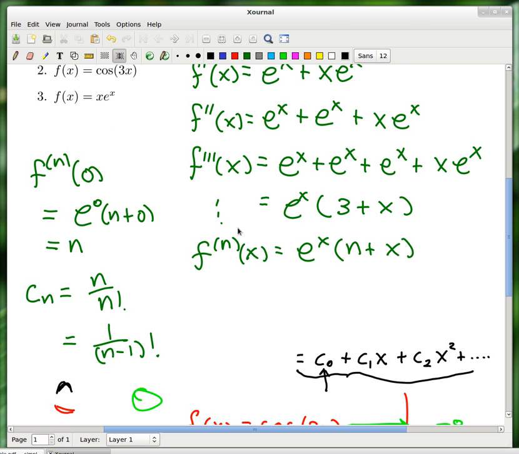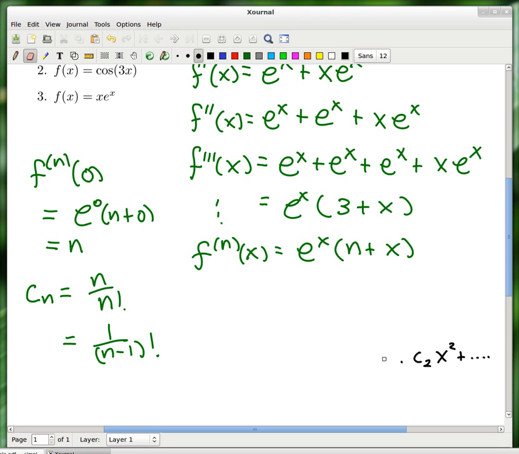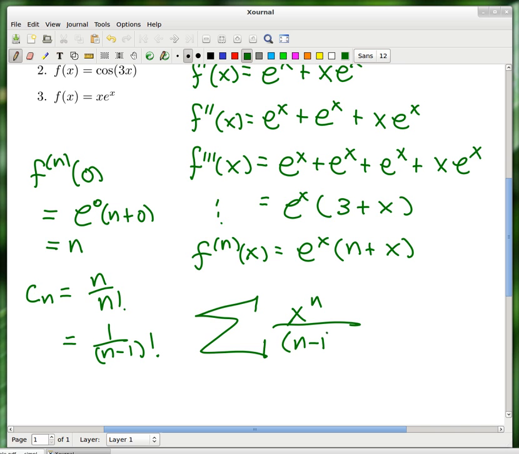Okay, so good. So what do we have to do? Let's go ahead and write it down with sigma notation. So the sigma notation expression is Cn is this, and you've got x to the n. So very simple, very easy to write down. And if you do it what I call the lazy way, you'll see that you get the same thing.